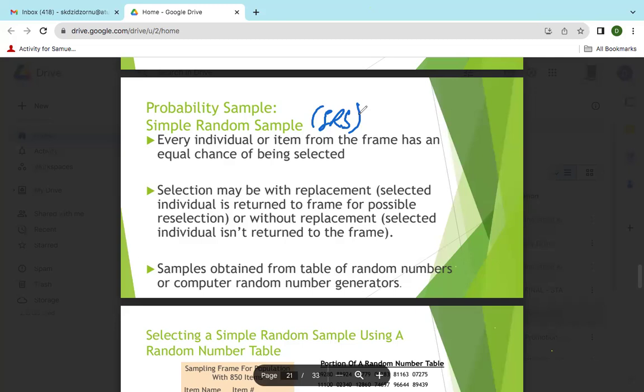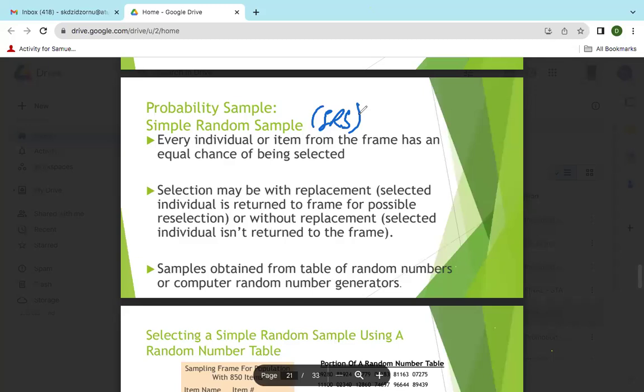For 500 people in the class, we can write the name of every member on a sheet of paper, fold it, and put everything in a bowl. Then we shake it. Or we can give numbers to each member of the class: number one, number two, all the way to the 500th person.